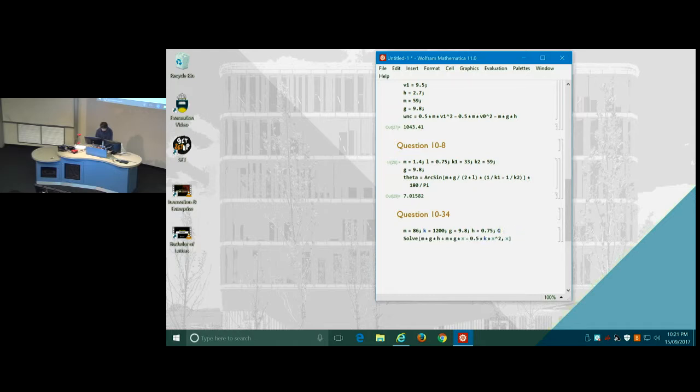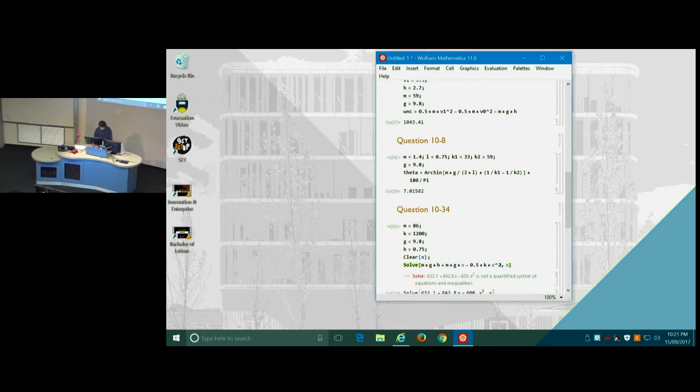Sorry, I want to clear x. Just in case I've already declared x to be something and it gets confused by that, I'll clear it out. And so if I entered my equation correctly, I think I have. So if we now just shift enter on that, yes, of course. I have not entered a quantified system of equations, so I forgot to put on my equals 0 onto the end.